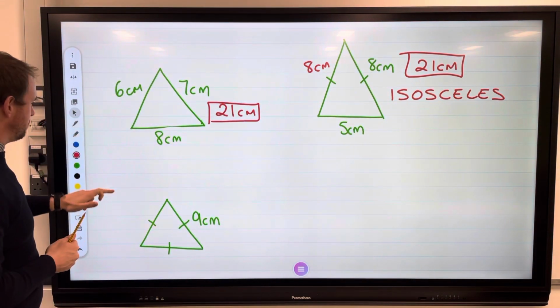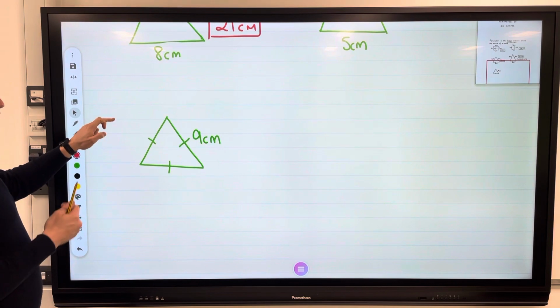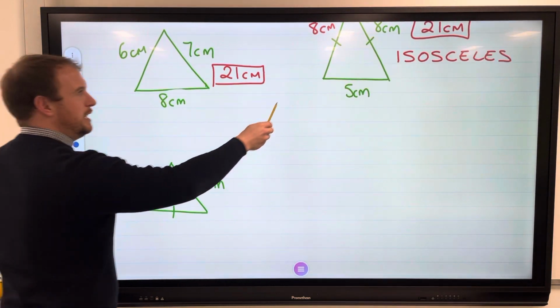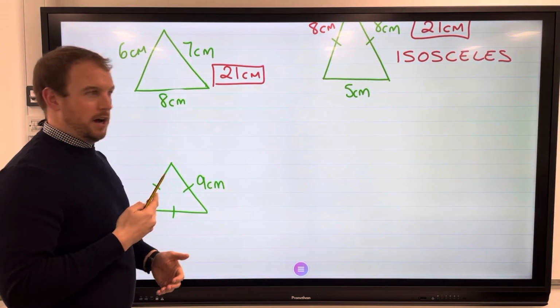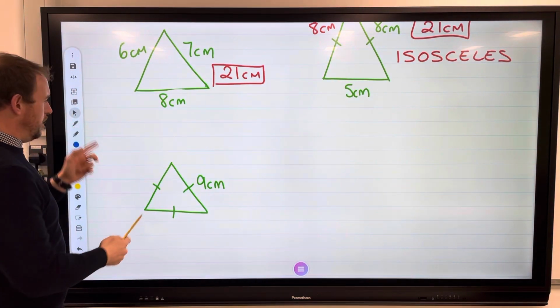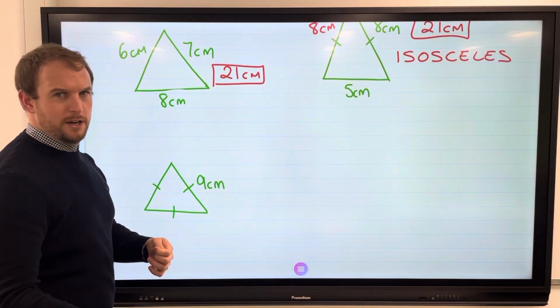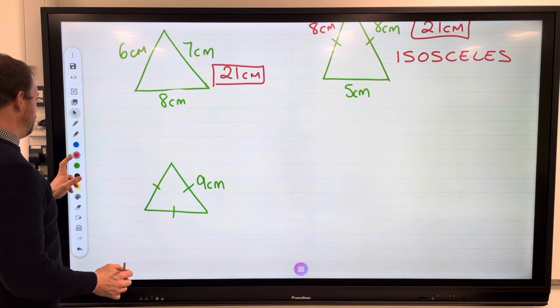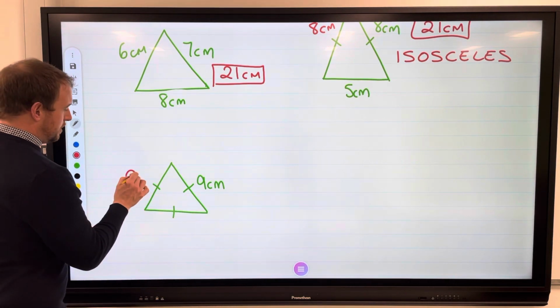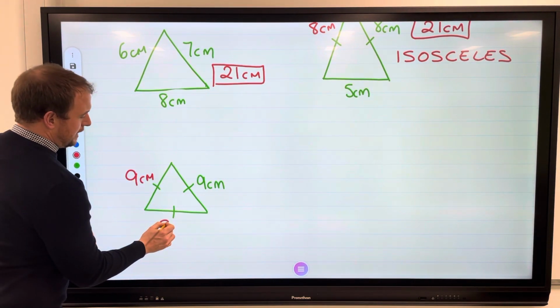Last one then. This one here. Now I just mentioned about the isosceles triangle, how these lines mean that they are equal. Well, on here then, I've got 3 of these little lines, which means I must have 3 equal lengths. So all of these are 9 centimeters.